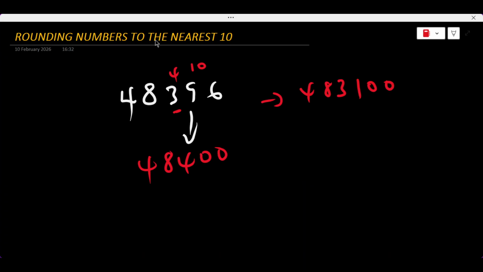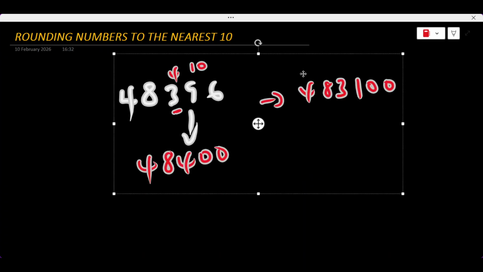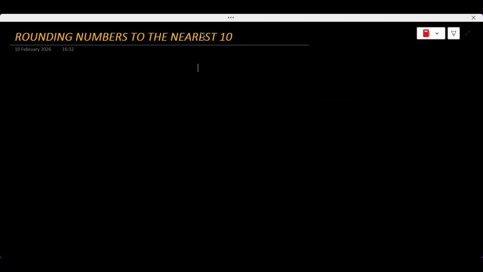All right. So this brings us to the end of today's lesson on rounding to the nearest 10. So let's take some practice questions and then try our hands on so that you'll be able to master rounding to the nearest 10.